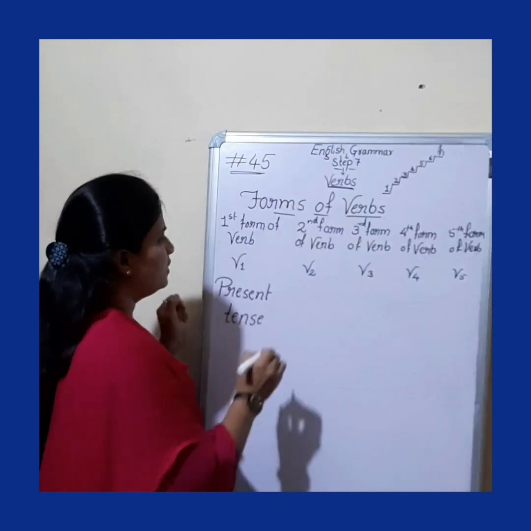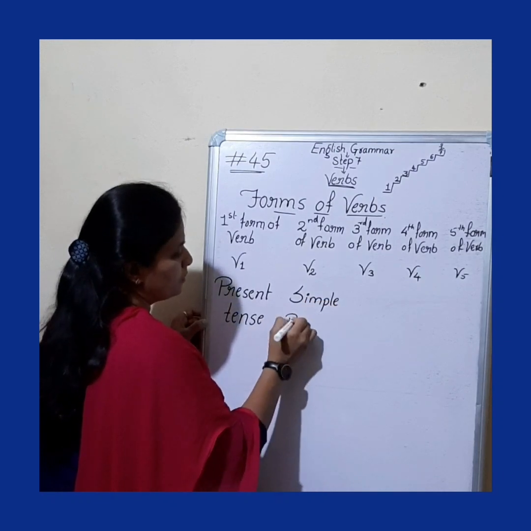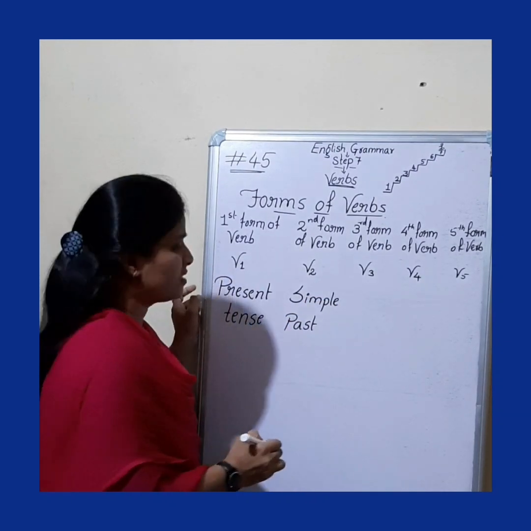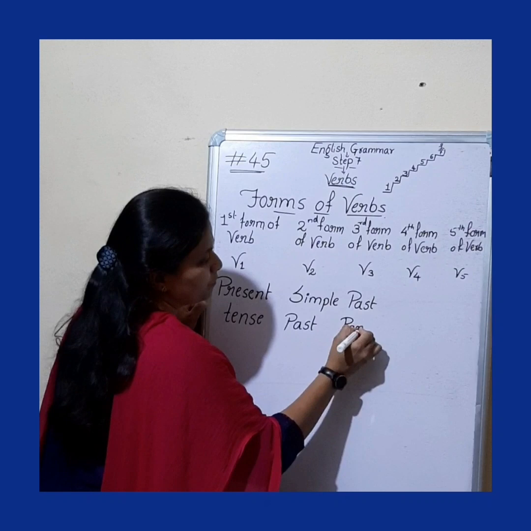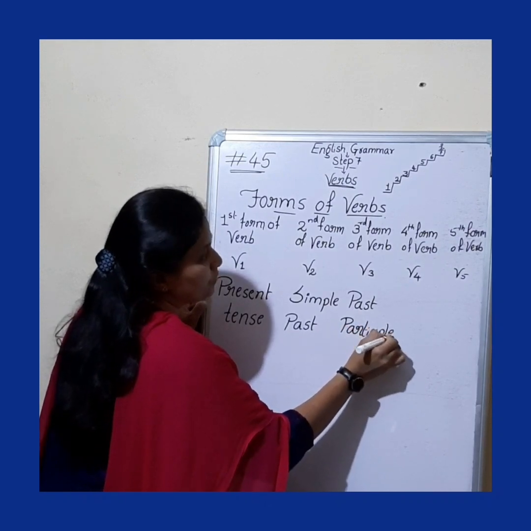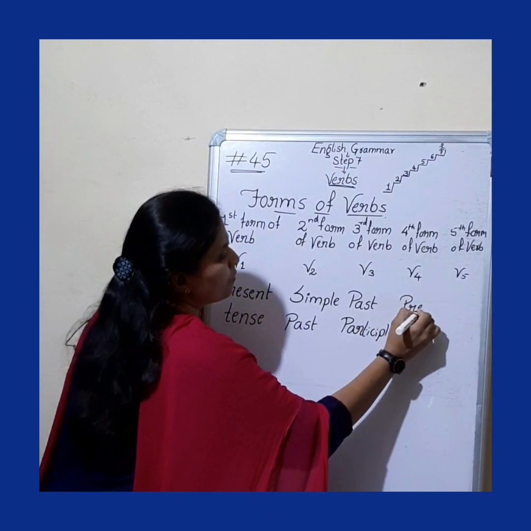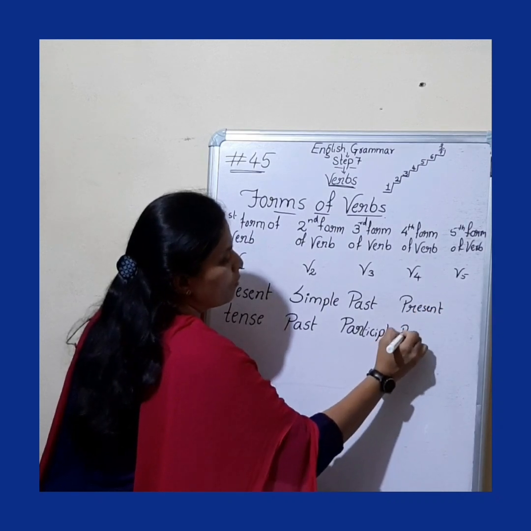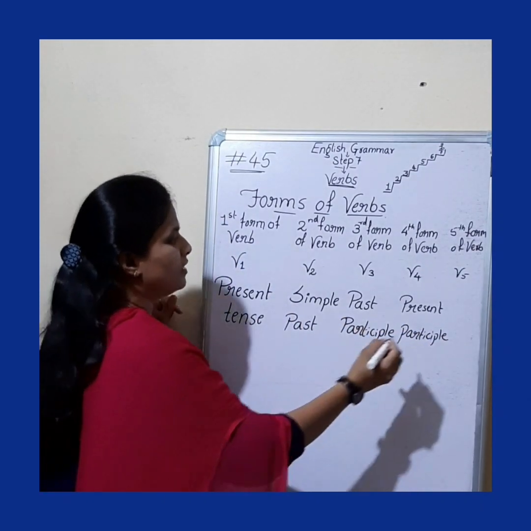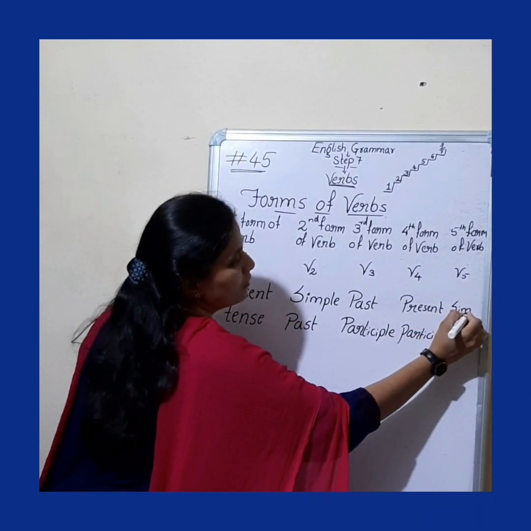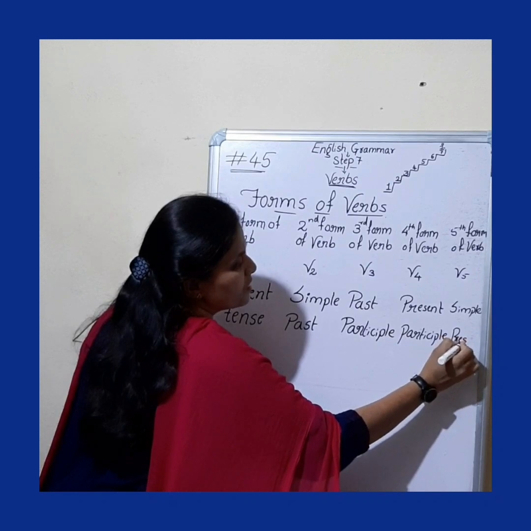Okay, then this V2, that is simple past, and this one V3 is past participle, whereas V4 is present participle, and V5 is simple present.